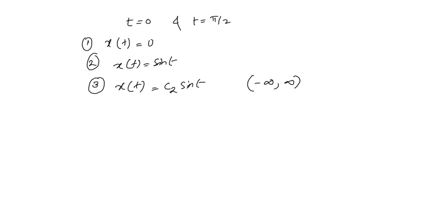Note that in the case of solution 3 above, we do not get a particular solution but an infinite number of solutions, since c2 is an arbitrary constant. Here the conditions given in 1, 2 and 3 are boundary conditions stated at 0 and pi by 2, and the given equation together with boundary conditions is called a boundary value problem.